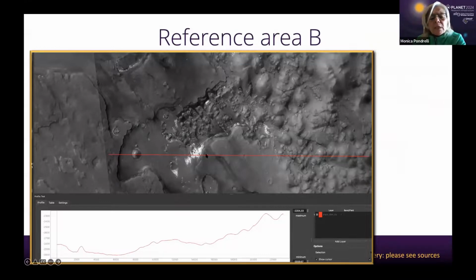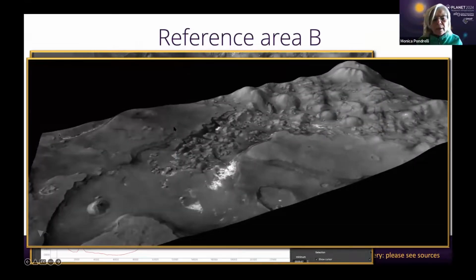And here we see knobs, the layered deposits, the cap unit. And we can also observe the stratigraphic relations between these units. Again, I'm not going to spoil this. Maybe these relations are even better expressed by this 3D perspective view.